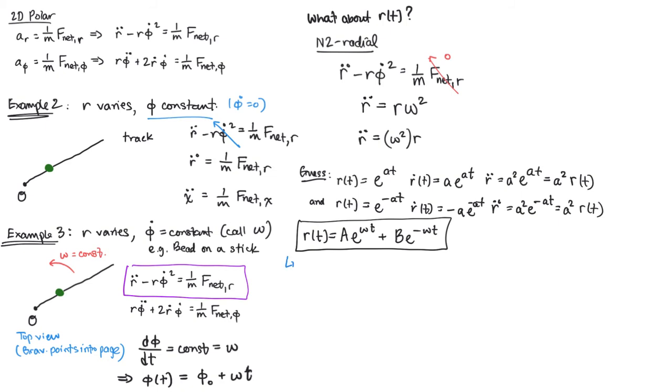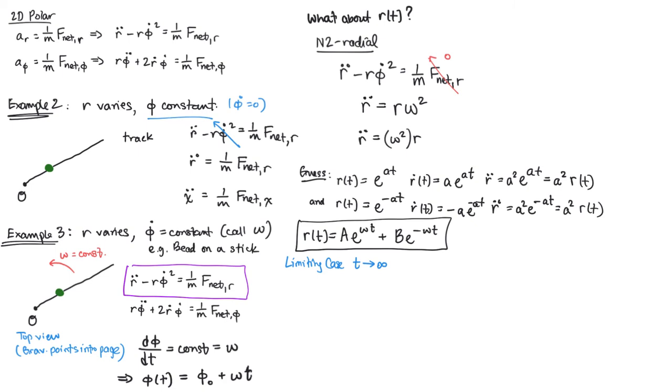Well, let's think about the limiting case of time going to infinity. So we think about putting a bead on the wire and starting the wire to rotate and then waiting a long time to see what happens. Well, we do know that as time increases, these exponentials will change, and in particular, the second one will fade to 0, and the first one will become by far the dominant term.